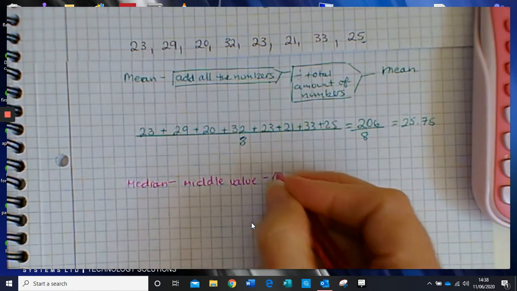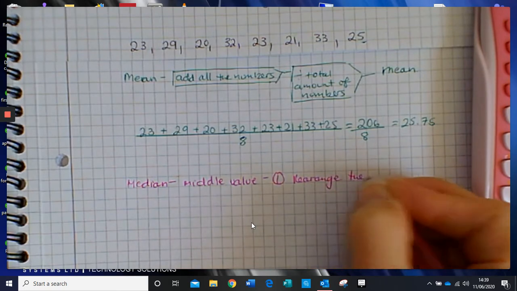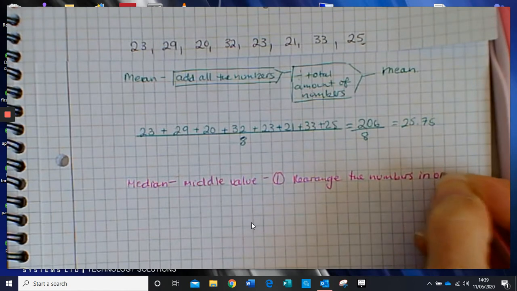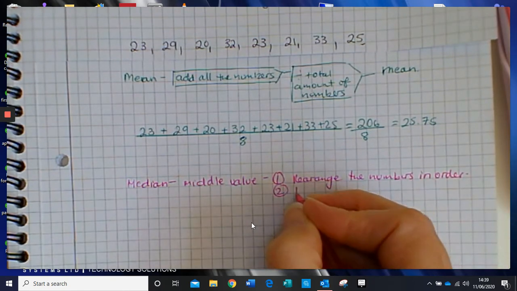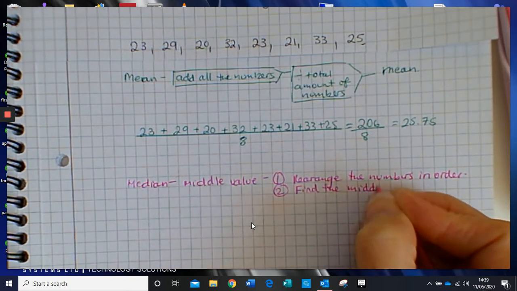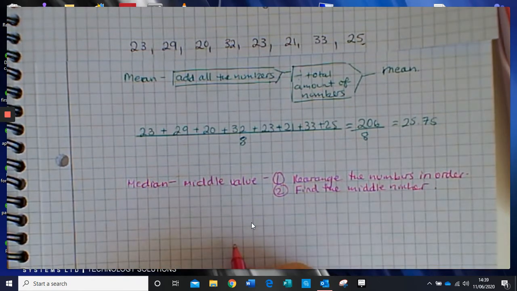The first is rearrange the numbers in order. And the second thing is find the middle number. Okay, so let's do that.